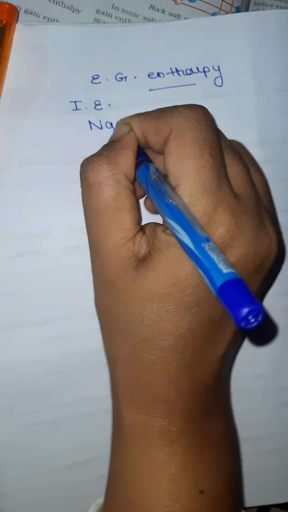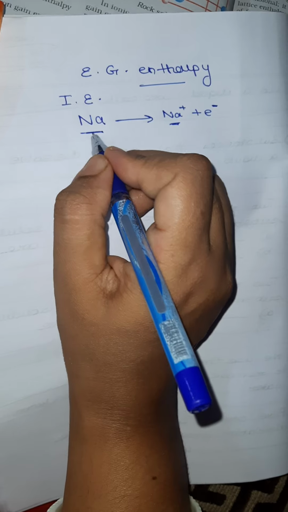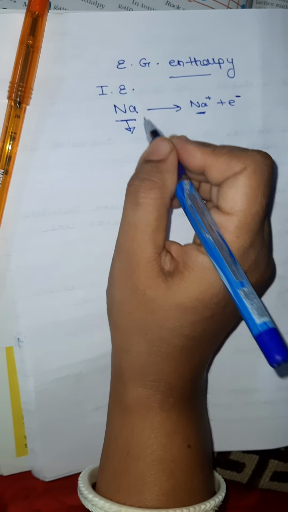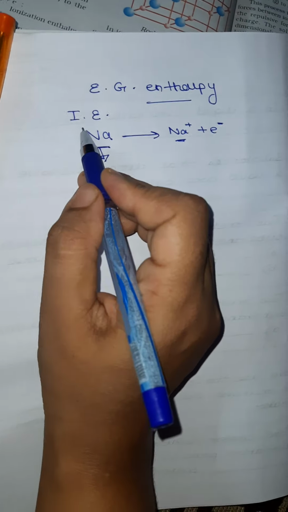If we look at sodium, then sodium losing one electron to form a cation, the minimum amount of energy required to remove the most valence electron from the outermost shell of sodium in order to form a cation is called ionization enthalpy. I will repeat myself.